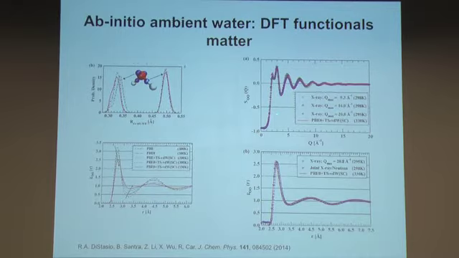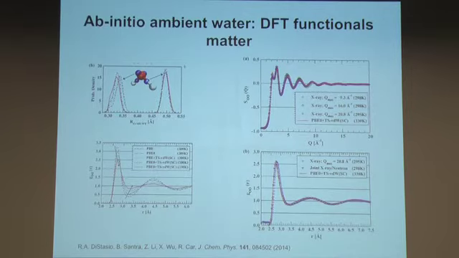Now, this is a comparison with experiment. You see, this is the structure factor, and this is the pair correlation function. The comparison is quite good. I want just to spend a word here to say why there is this difference between these functions.